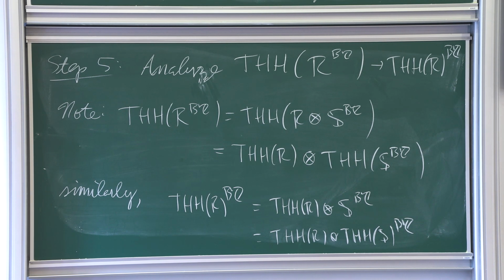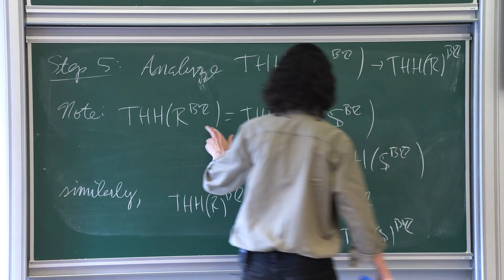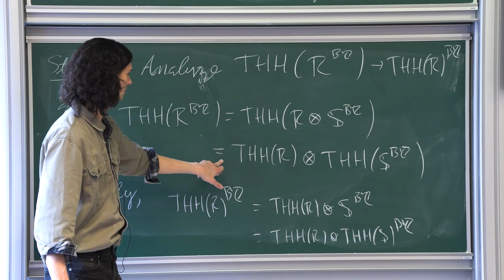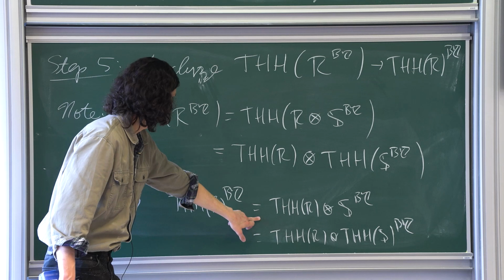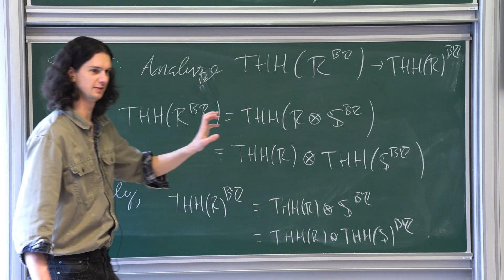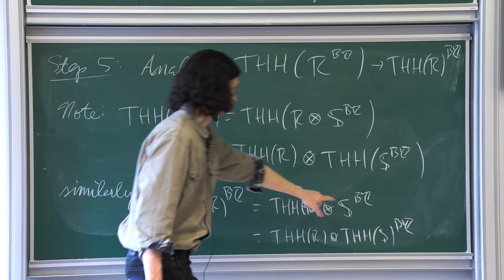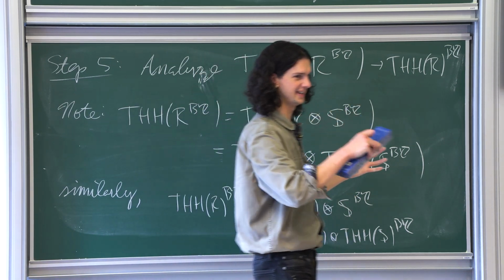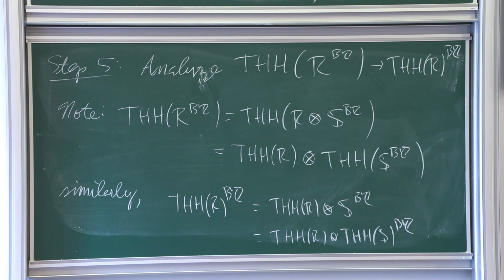Why the tensor equality? Which one? This one here? In the second. Similarly, it's exactly the same as this. Taking x to the BZ for any x is just x direct sum a desuspension of x.